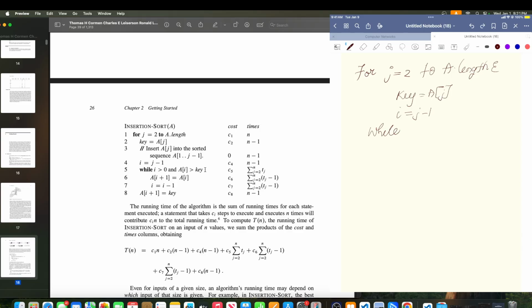This is all inside the parenthesis. Let's just say while i is greater than 0 and A[i] is greater than key, we do the assignment and then i equals i minus 1.